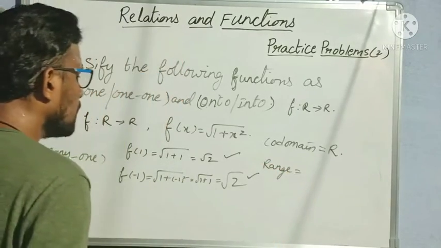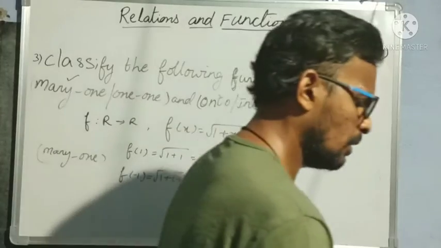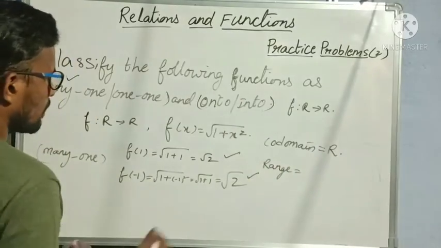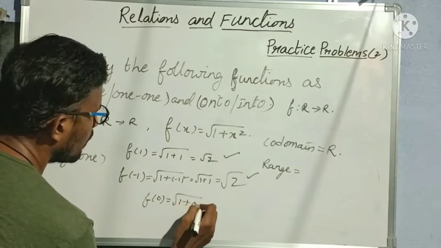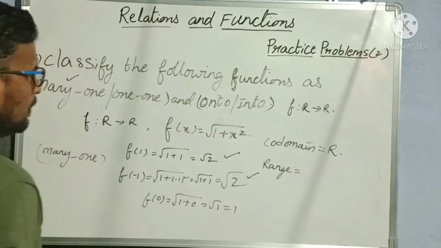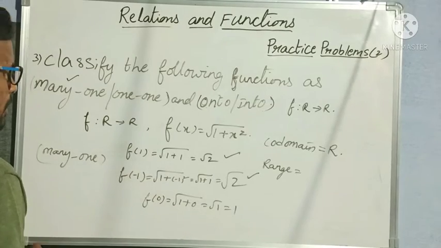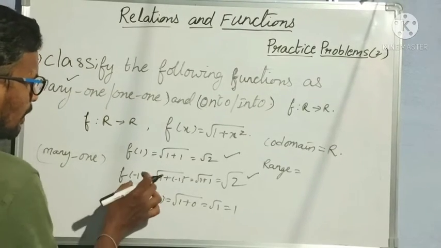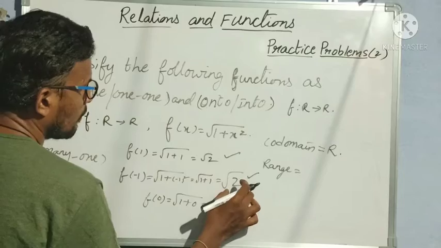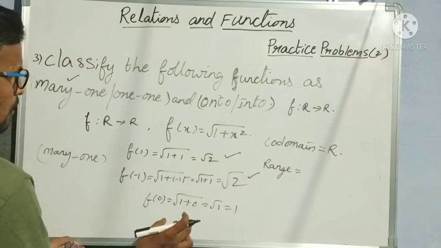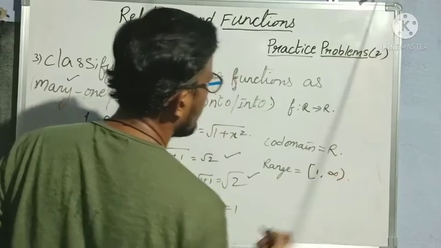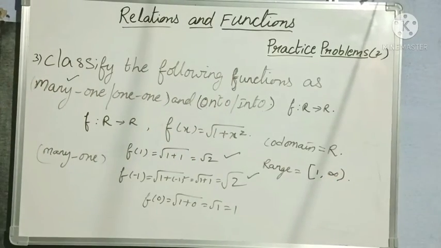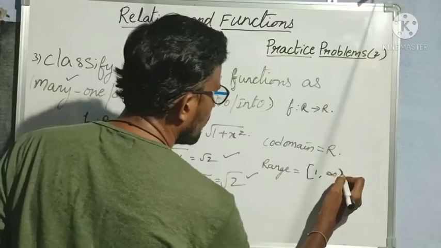Range means minimum value. Minimum value means substitute 0. So what is the value of f of 0? Square root of 1 plus 0 is root 1, which is 1. There are no negative values in this problem, right? Even f of minus 1 gives a positive value only. So the range is the closed interval 1 comma infinity.